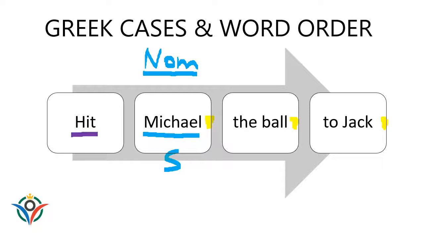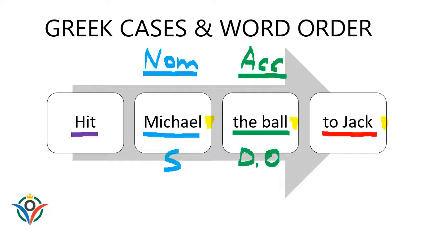The ball, which is the direct object, would be in the accusative case because the accusative tells us that the word is functioning as the direct object. And then the indirect object, to Jack, would be in the dative case. So the case endings, not the word order, indicate the function of a word.